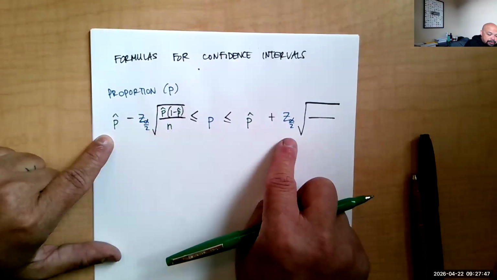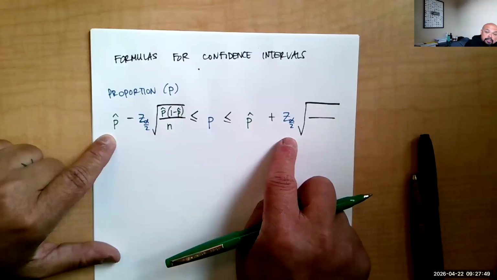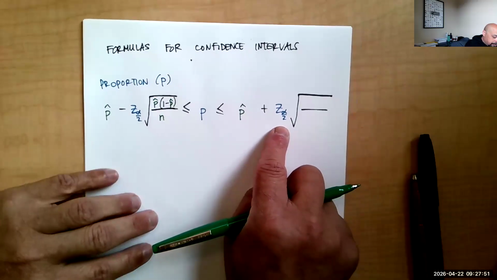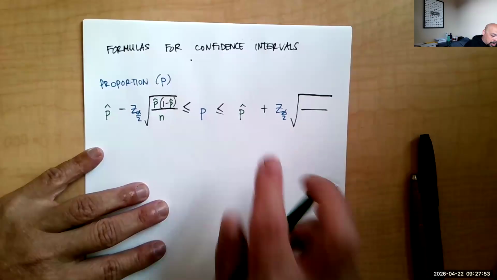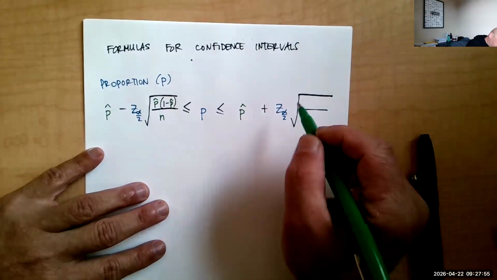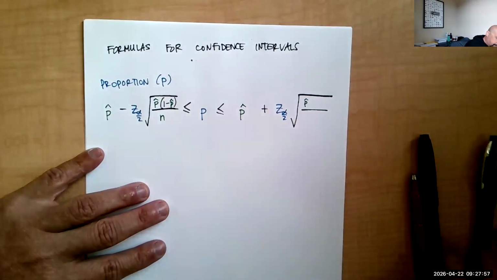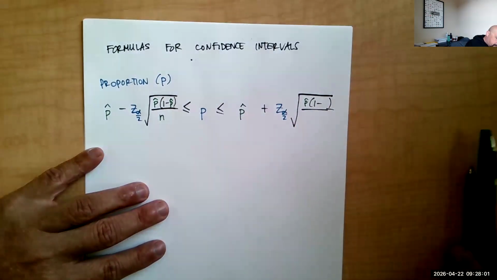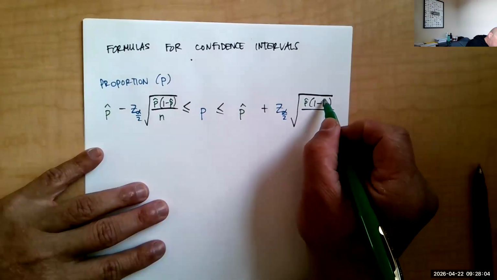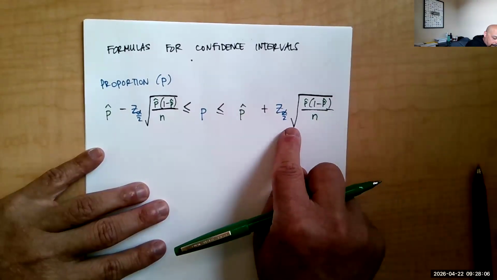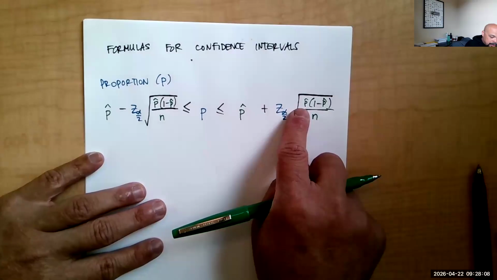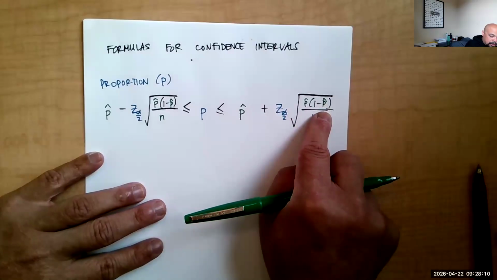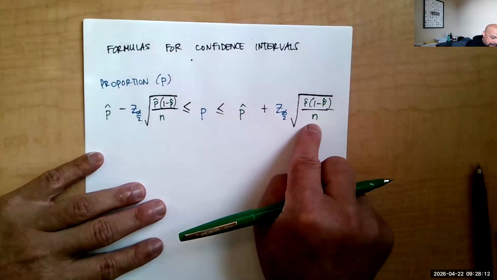Critical value Z sub alpha over 2 from the normal distribution, that cutoff value. Okay, and then again, it's going to mimic the same calculation on this side. Inside that square root, P hat, our sample proportion, times 1 minus that sample proportion, all over N sample size.